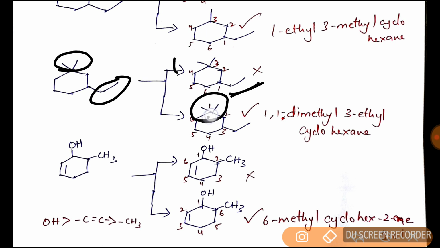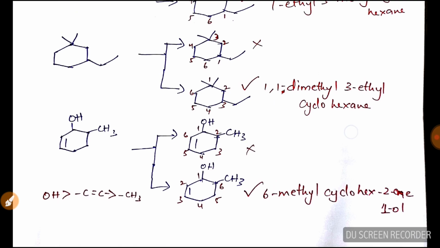In the second way, at this carbon there are 4 substituents, and in the first way, at this carbon there are only 3 substituents. So this should not be given the preference, and this should be given the preference. So that is how it is. And sorry, I'll just roll it down, and these are a few other examples.